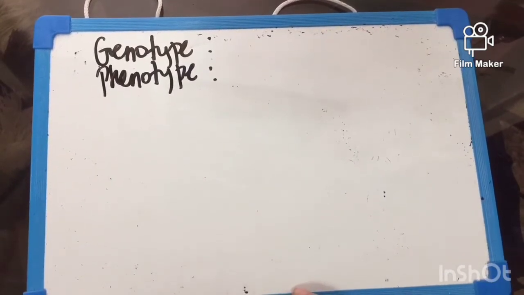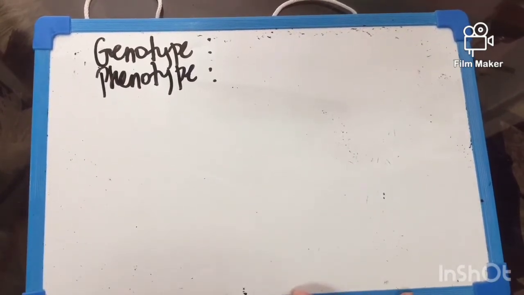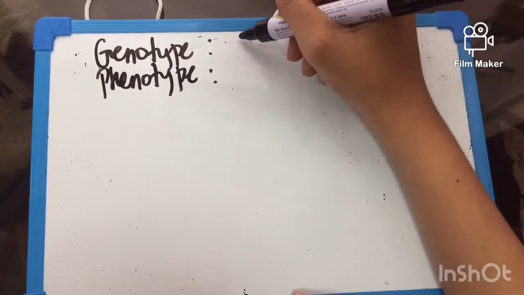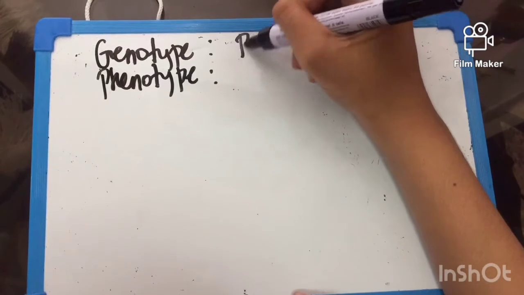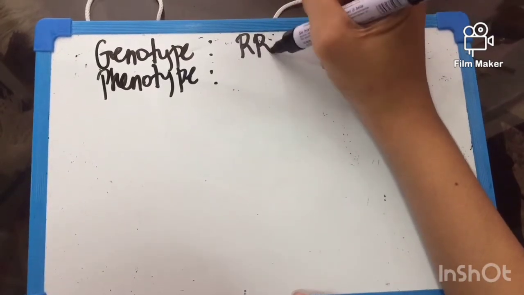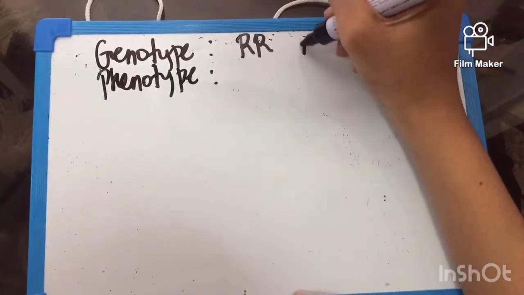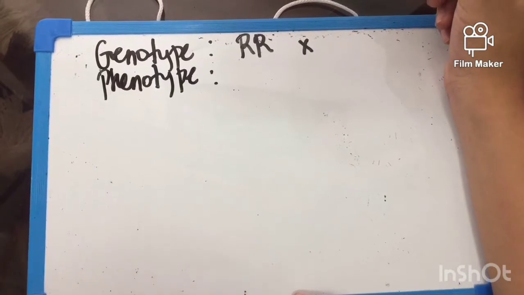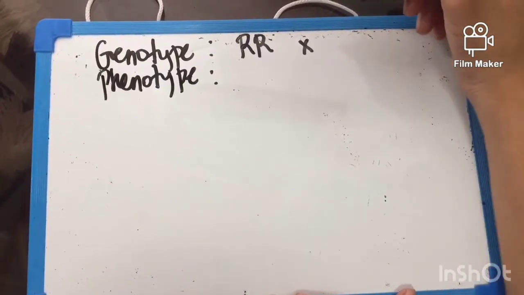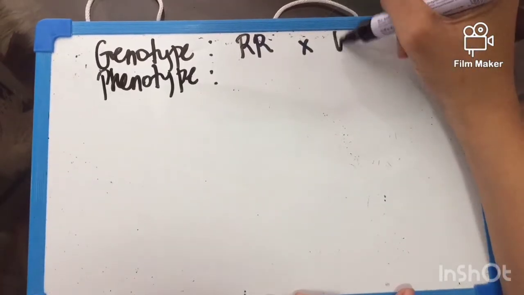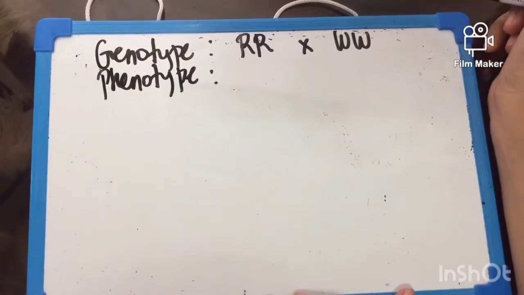What is the genotype for the red flower rose plant? The red flower rose plant genotype is capital RR. Cross with, what is the genotype for the white flowered rose plant? We have WW.